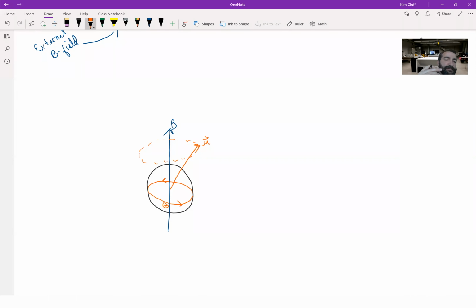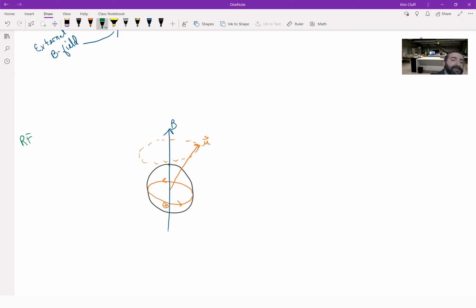And as it turns out, if you inject a radio frequency into this scenario at the same frequency, a phenomenon will take place called resonance.